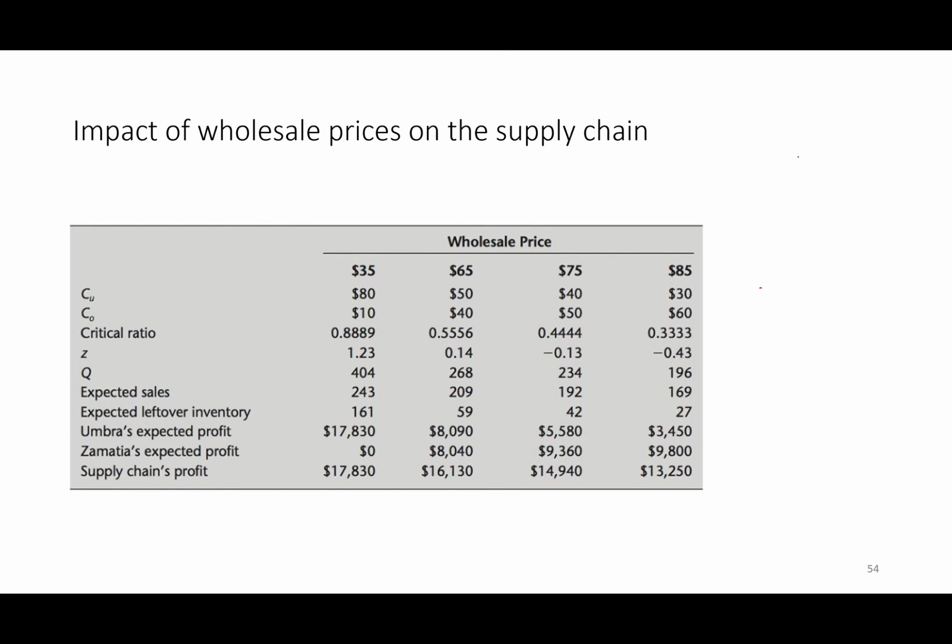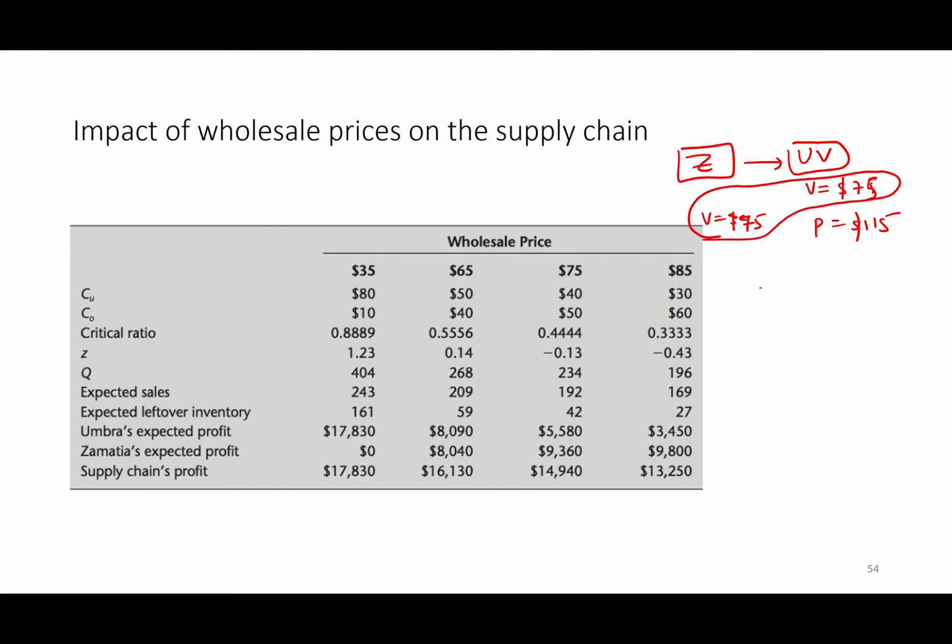What I mean by that is there is UV, which purchases from Zematia for $75. That 75 becomes their input, and then their selling price is 115. So this 75 is the transaction that happens between Zematia and UV, right?